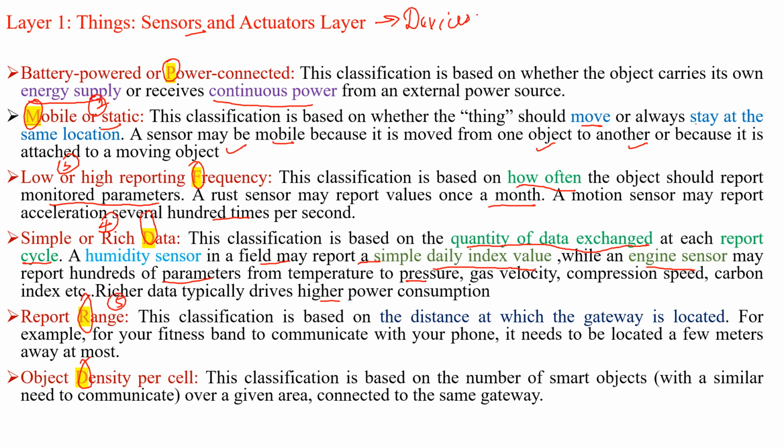This classification is based on the distance at which the gateway is located, for example, the distance between your device and the gateway. For your fitness band to communicate with your phone, it needs to be located a few meters away at most. Then the last category is object density per cell. This classification is based on the number of smart objects over a given area connected to the same gateway.